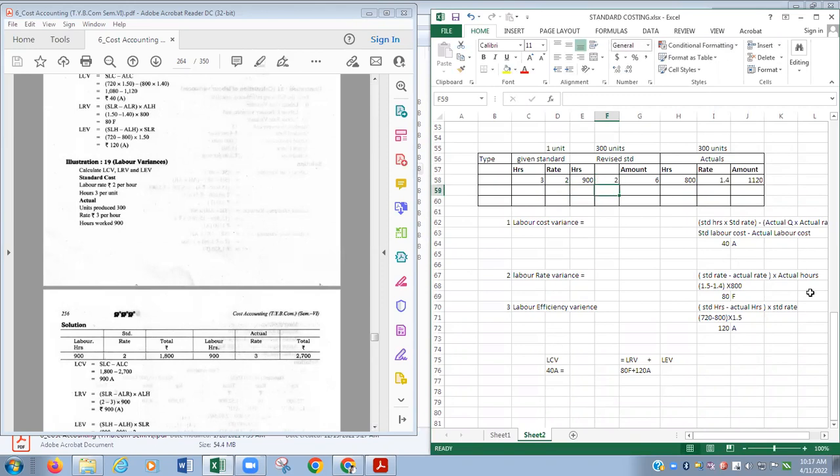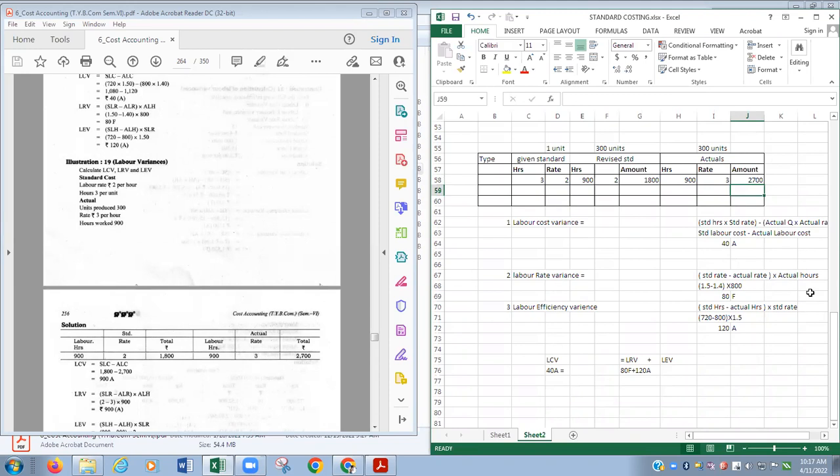So my standard cost will be 900 into 2. Now actual hours worked were 900 and the rate paid ₹3, so the amount totally paid for labor is 2,700.